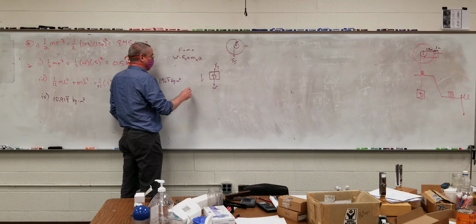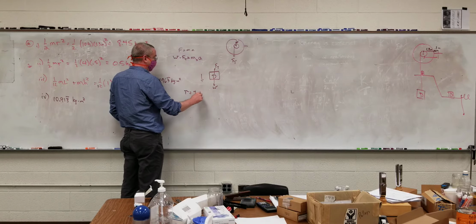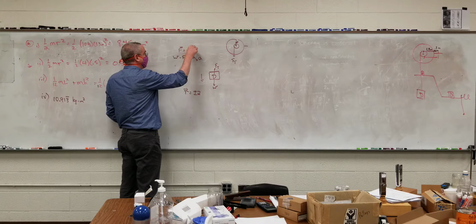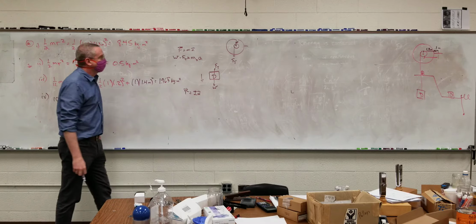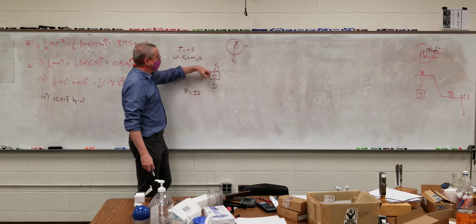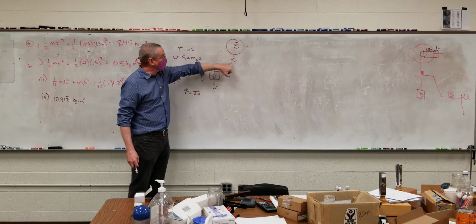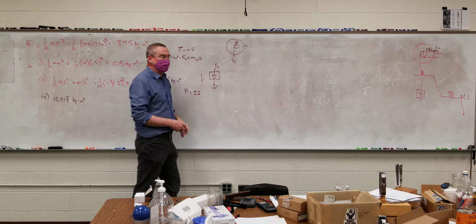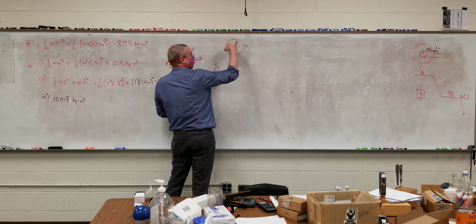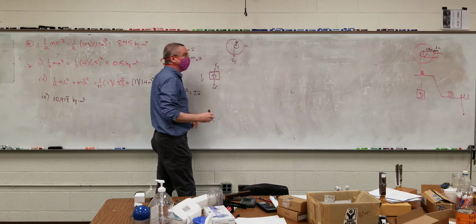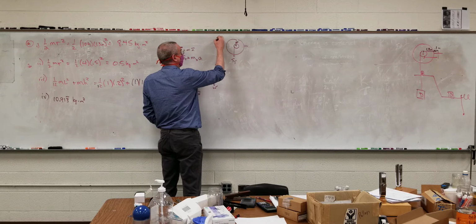And so I bring in tau equals I alpha. Technically, these are vectors here. Since I'm making down positive for d, in other words, this direction is positive, that would make that force positive. It's going to cause this wheel to rotate counterclockwise, thumb pointing out, so I'm going to make outwards positive.